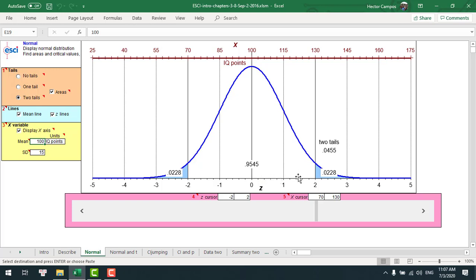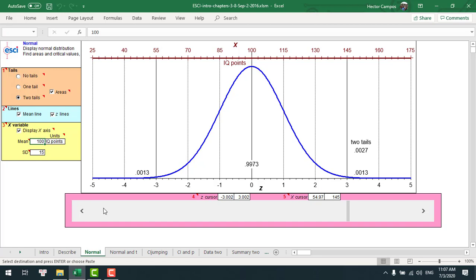And then if we did 3 standard deviations, so let's do 3 standard deviations here. Okay, almost 3.